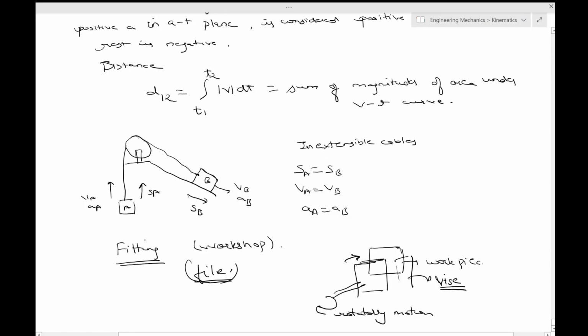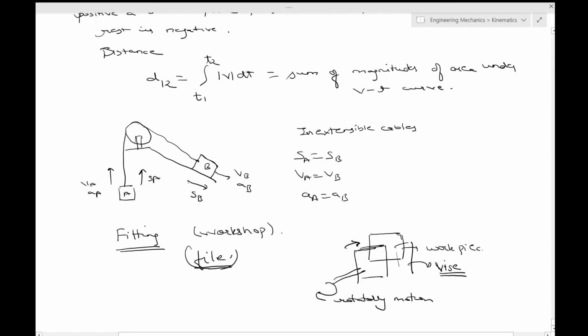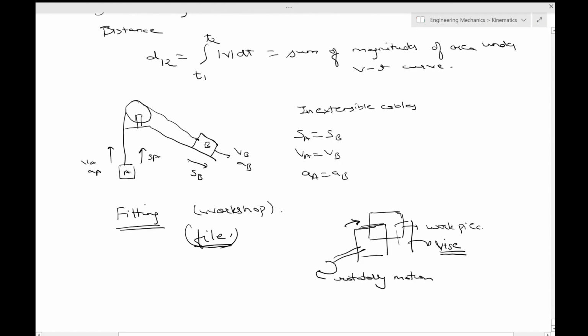That's the concept of most screws, nuts and bolts as well. Any screw which you have will have all these threads, and then you will put a screwdriver and rotate it, and then this will move ahead.